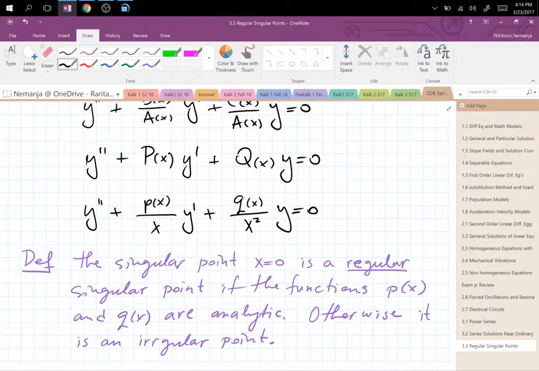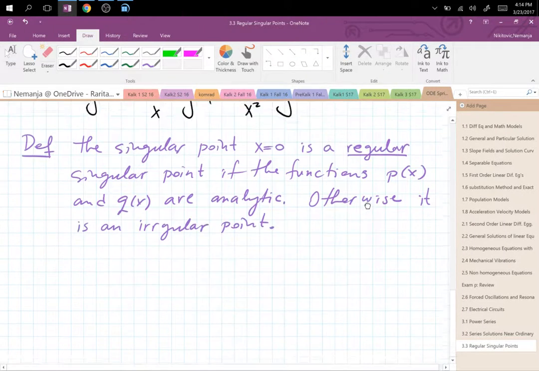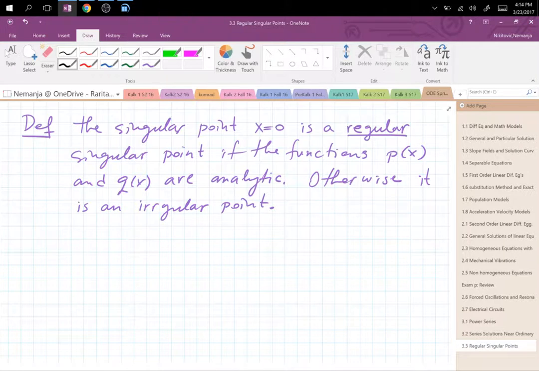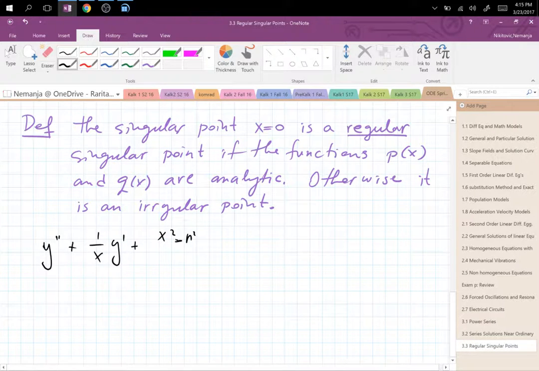All right, so what do we have? Basic example just to show off the definition. y double prime plus 1 over x y prime plus (x squared minus n squared) divided by x squared y equals 0.